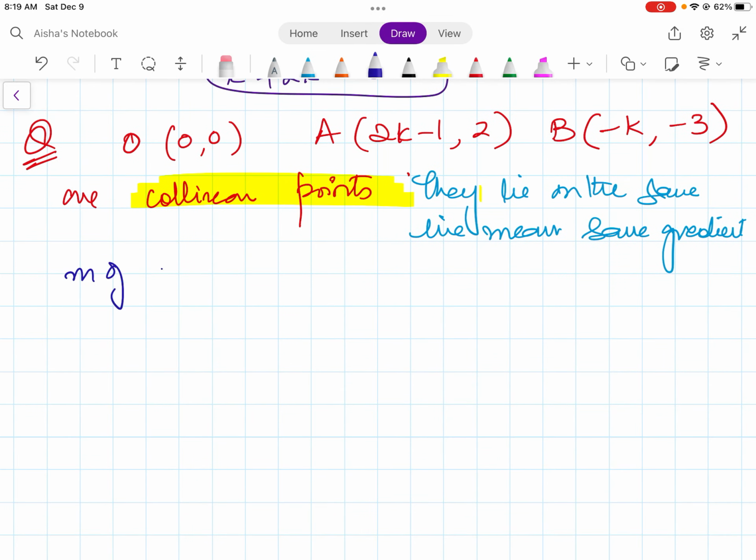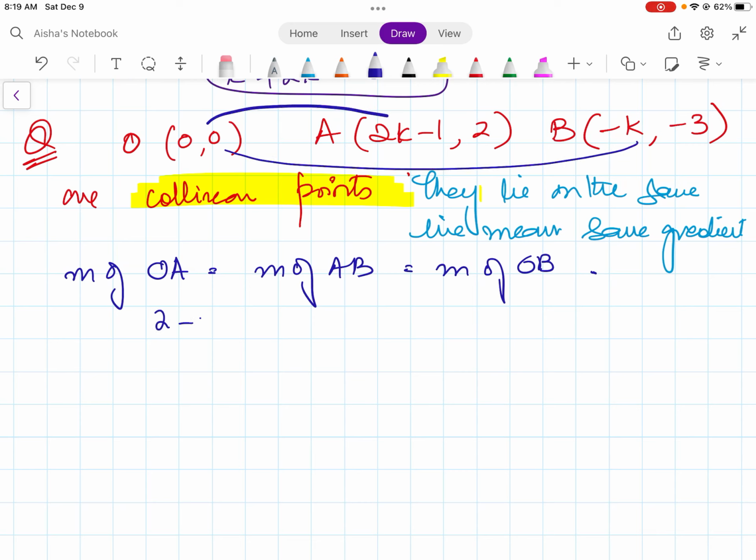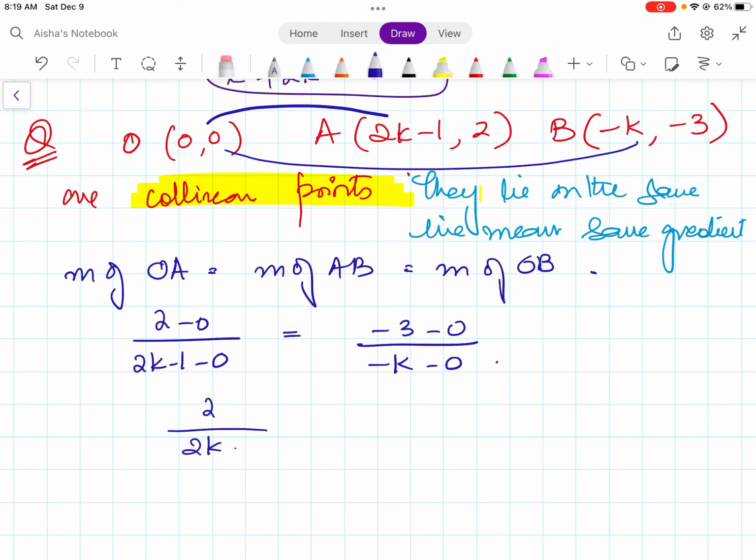So I can say gradient of OA equals gradient of AB equals gradient of OB. I can take any combination. I'll take OA and OB. 2 minus 0 upon 2k minus 1 minus 0. Minus 3 minus 0 upon minus k minus 0.